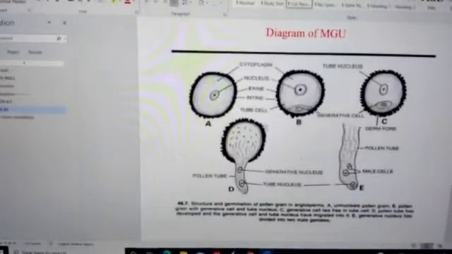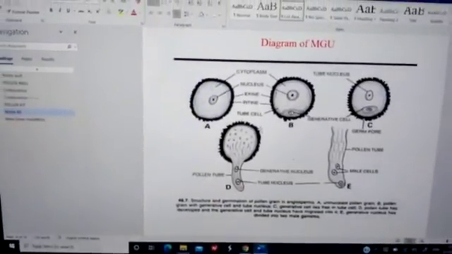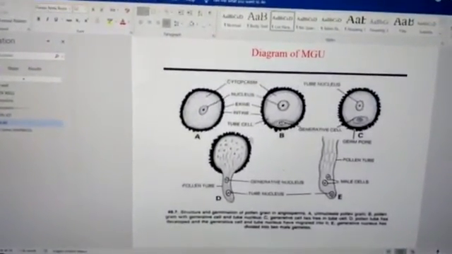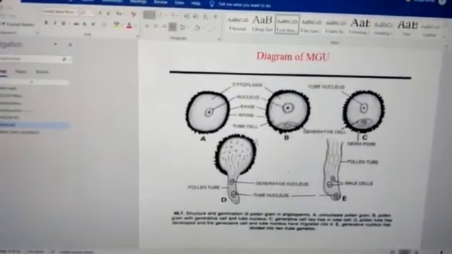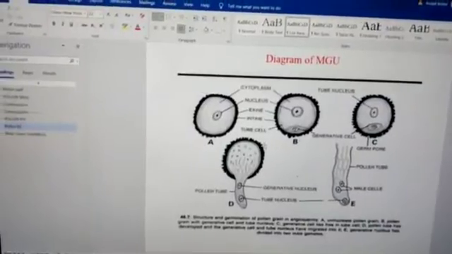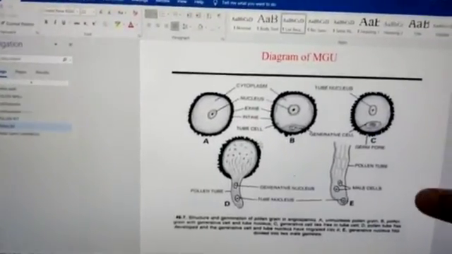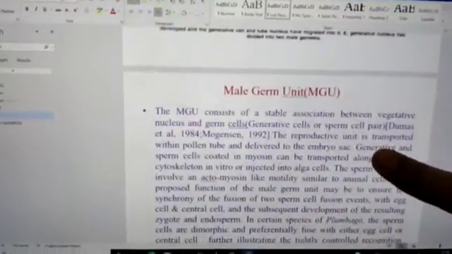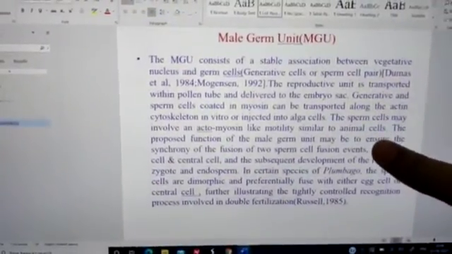Then this generative nucleus divides into two male gametes. So all these three structures, the tube nucleus plus the two male gametes, are called the male germ unit, as is clear from this diagram.